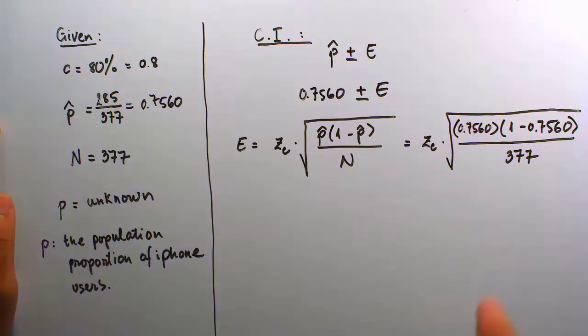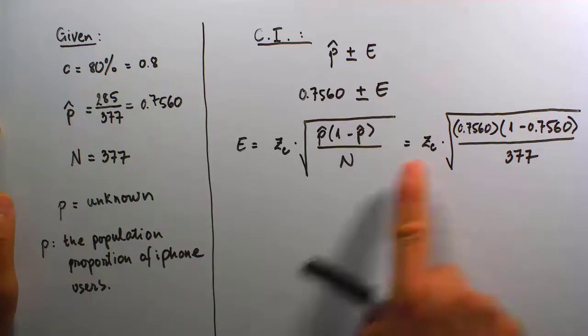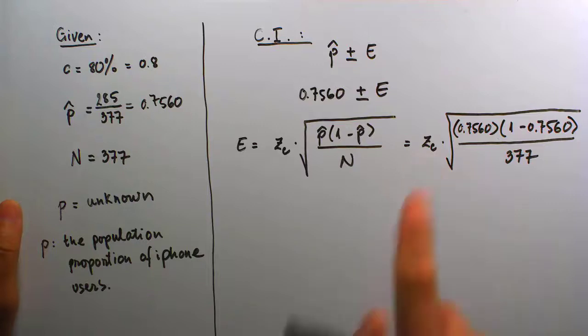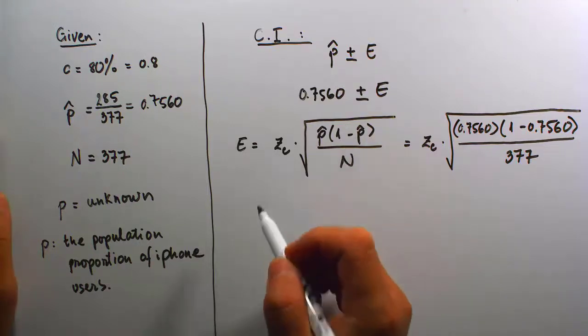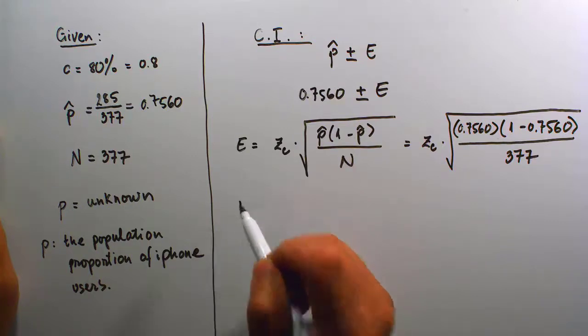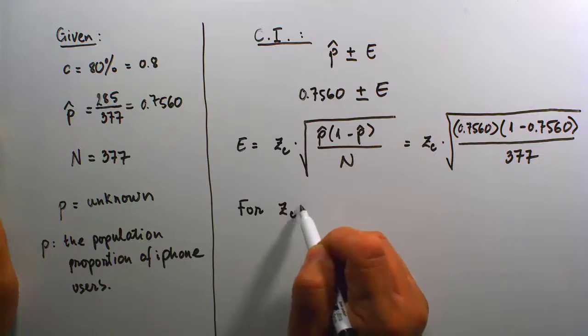And so we're once again almost complete with that formula to calculate margin of error. So what we're currently waiting for is a value for z sub c. And so now once again, that's a little bit of a side note here, but for z sub c, let's calculate z sub c a little more separately right here.